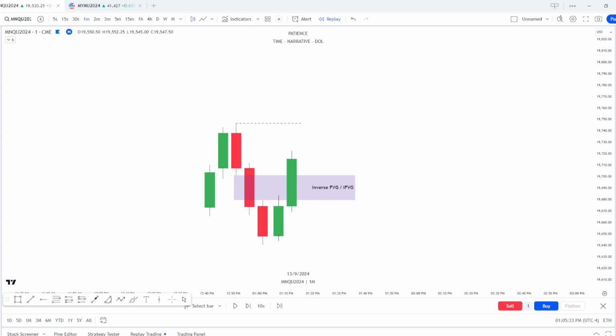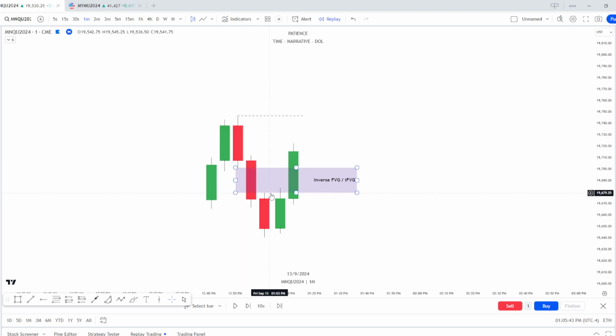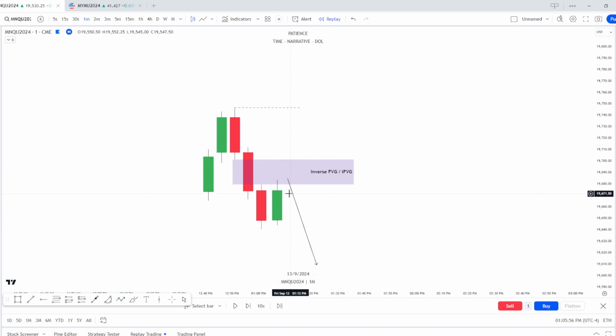The simplest way I can explain an inverse fair value gap is with this example right here, where we have this bearish fair value gap. If we are in a bearish market, we would expect this fair value gap to send price to the downside, right? Say we get rid of this candle, we would expect price to go to the downside after tapping into this bearish fair value gap.